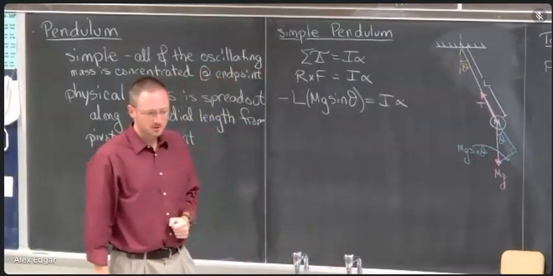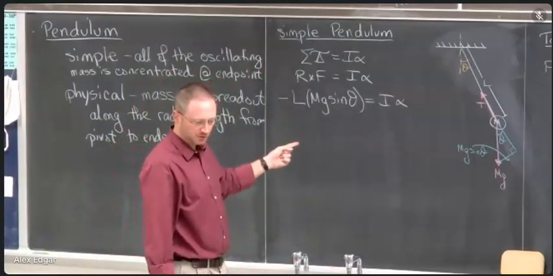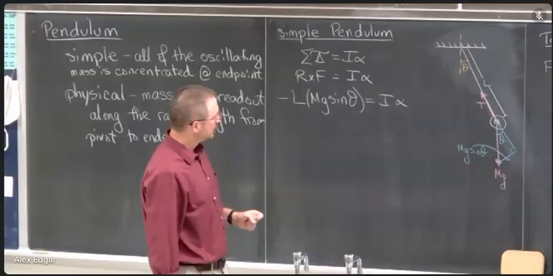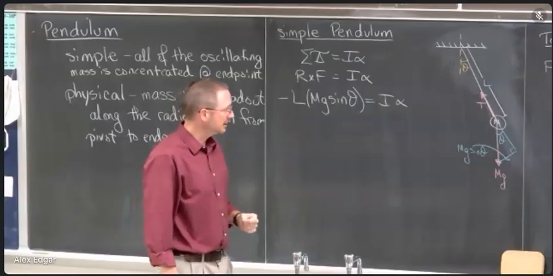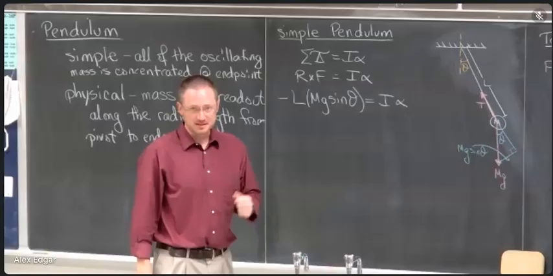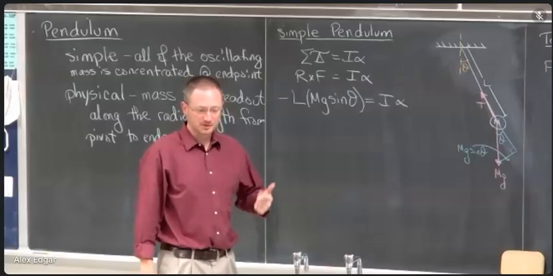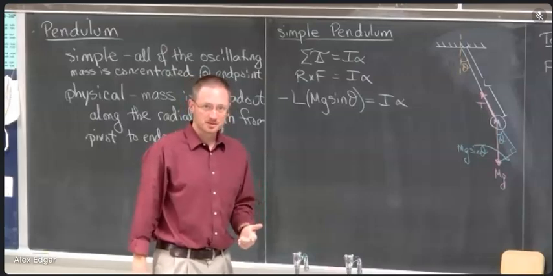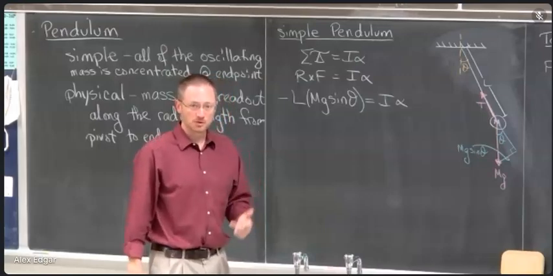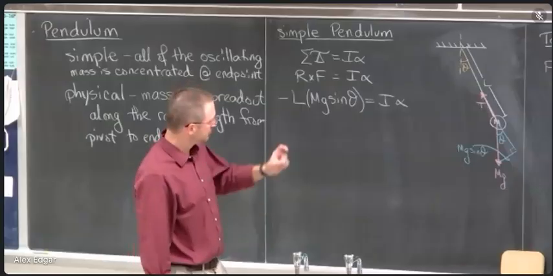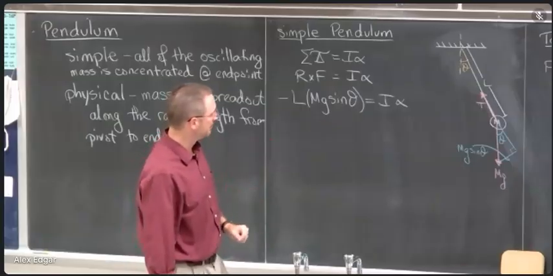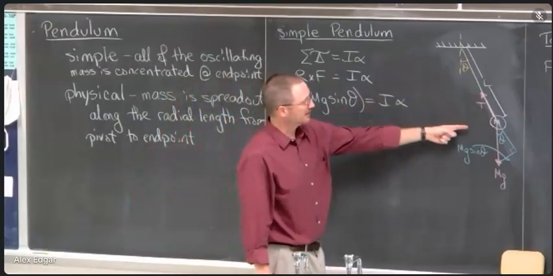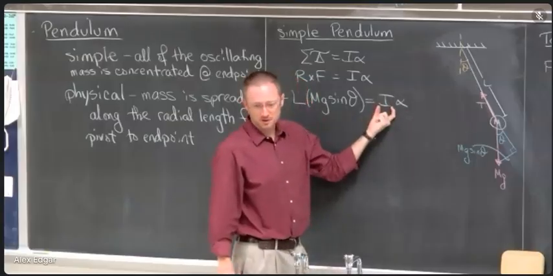The next substitution that we can make is for the rotational inertia, I. We started out by saying that the simple pendulum is a massless ideal string that has no friction at the pivot, and we're ignoring air resistance. So all the mass is just inside the pendulum bob. So a mass on the end of a string has a rotational inertia of mr squared.